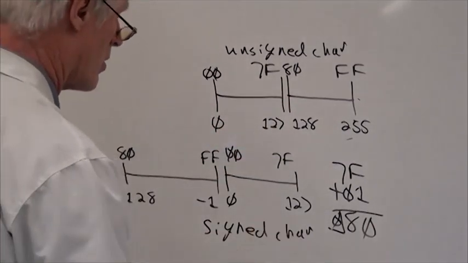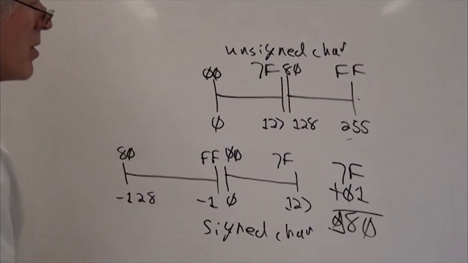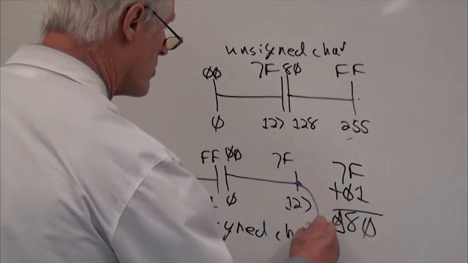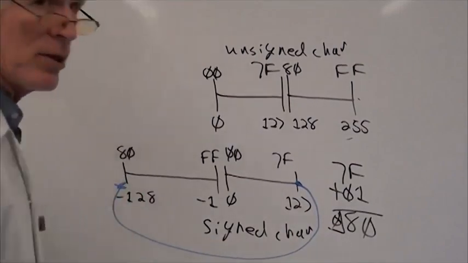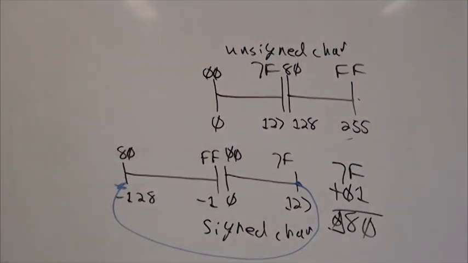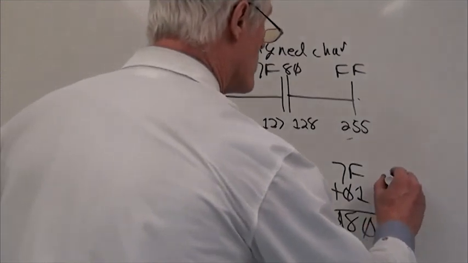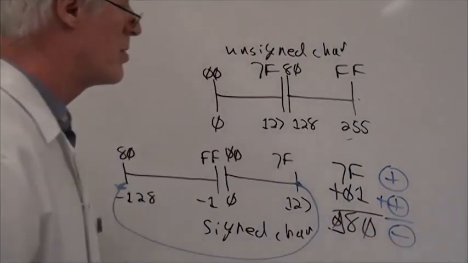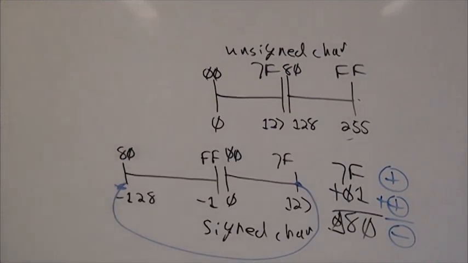However, let's take a look here at our signed chart. 7F is 127. I have $127. Somebody gives me another dollar, and I'm $128 in the hole. This is a problem. How's that? Well, this is a positive plus a positive, and I got a negative result, which doesn't make any sense at all.